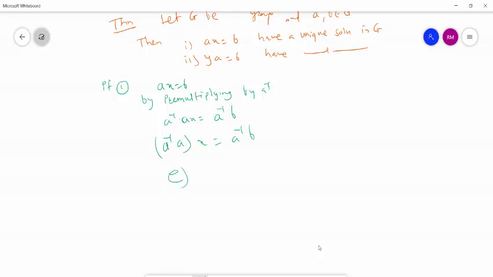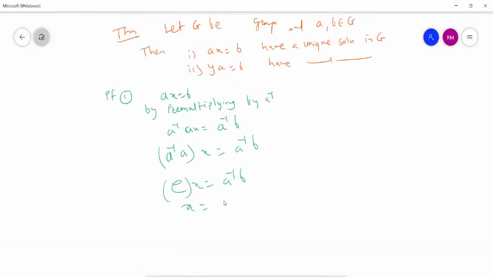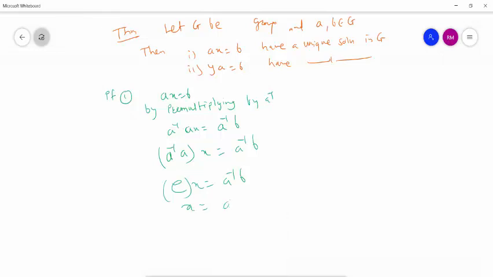That is the identity e. So the remaining thing is ex, nothing but x. So x is equal to a inverse b.